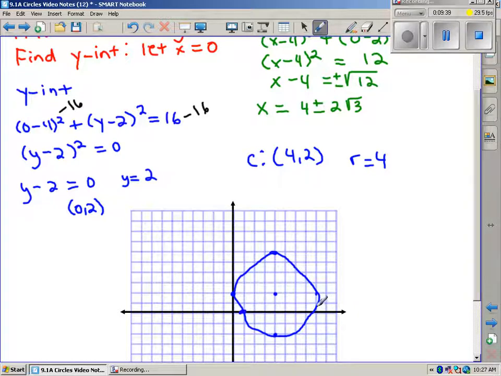So if you went ahead and plugged this into your calculator, you would see that this point right here would be 4 minus 2 square root of 3 comma 0, and the second point would be 4 plus 2 square root of 3 comma 0, giving you your x-intercepts.